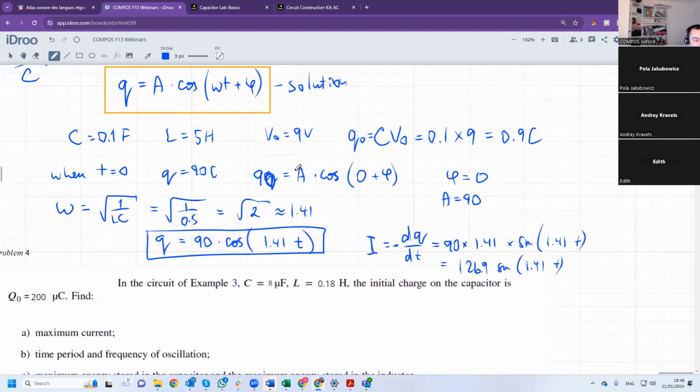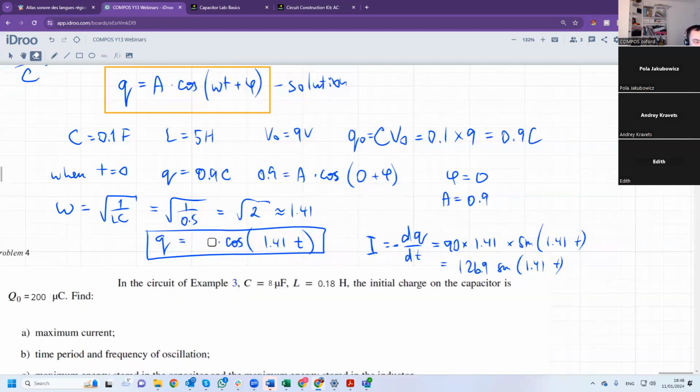So A is 0.9. Sorry, 0.9. Q is 0.9 coulombs. So 0.9 equals A, 0.9.